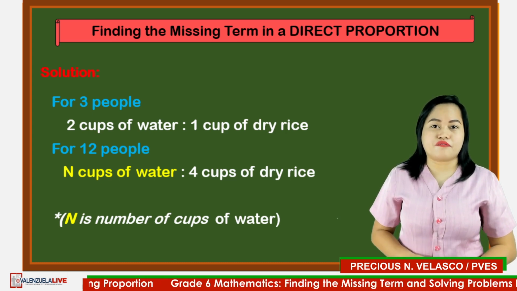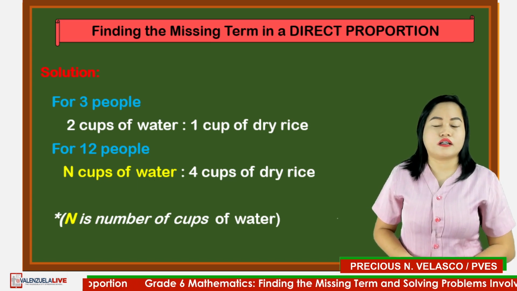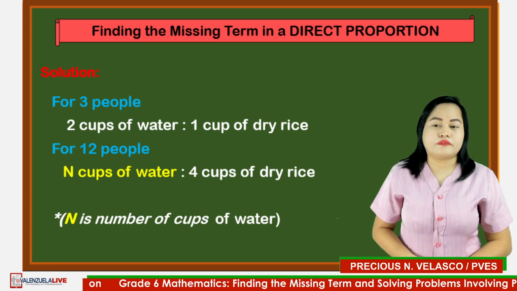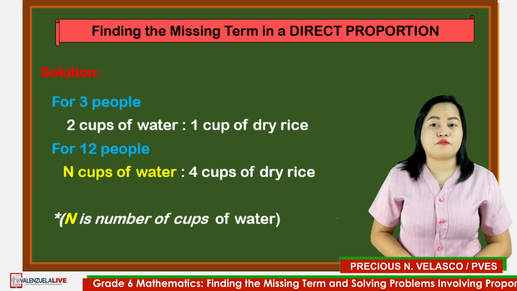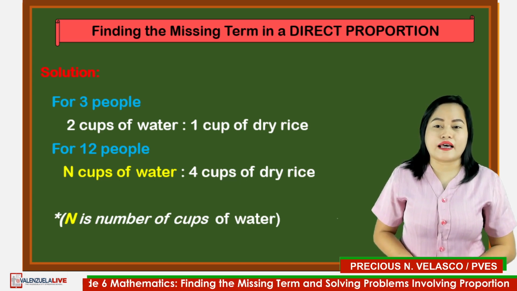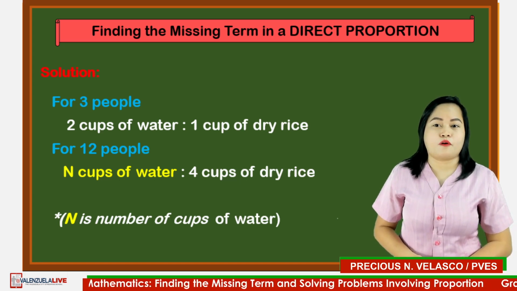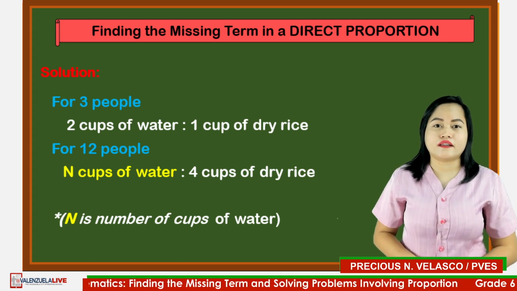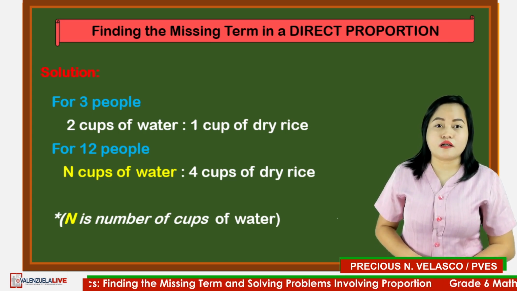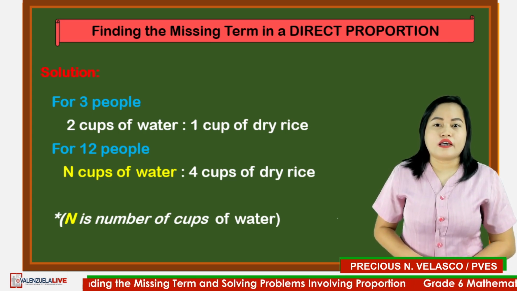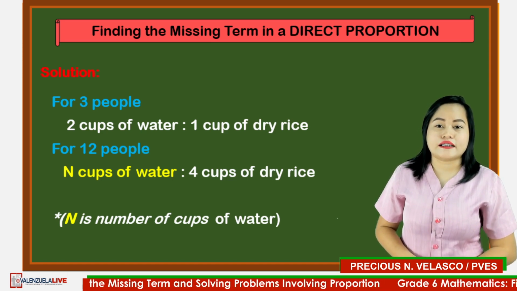For our given, we are going to write down that for 3 people, it is equivalent to 2 cups of water and 1 cup of dry rice. And then for 12 people, we are going to use N to represent the number of cups of water and 4 cups of dry rice.